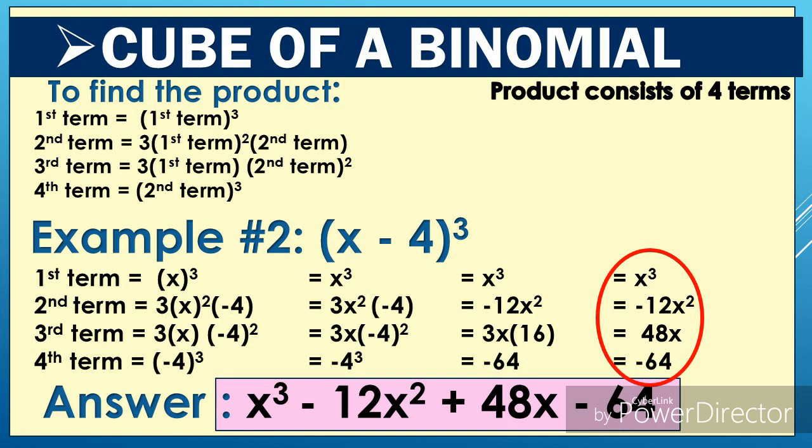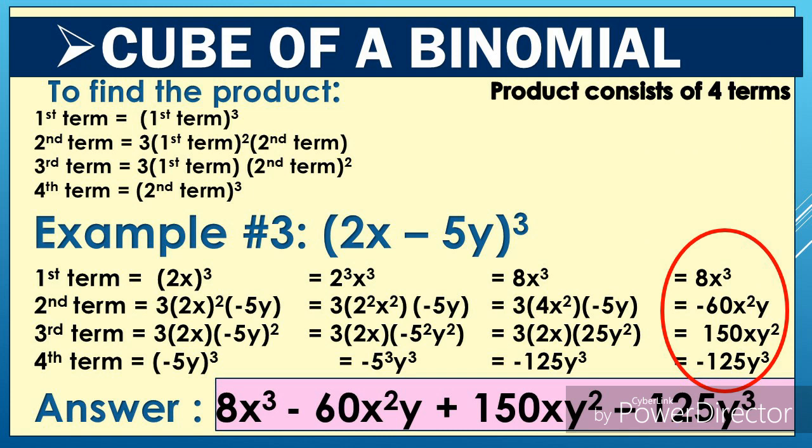So, that's why negative 4 cube, and that is negative 64. Meaning, negative 4 cube, we're going to multiply negative 4 3 times. Negative 4 times negative 4 times negative 4 is negative 64. And this is now your final answer. X cubed minus 12x squared plus 48x minus 64.